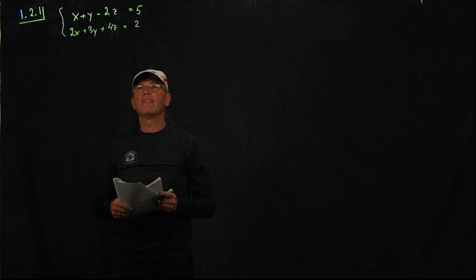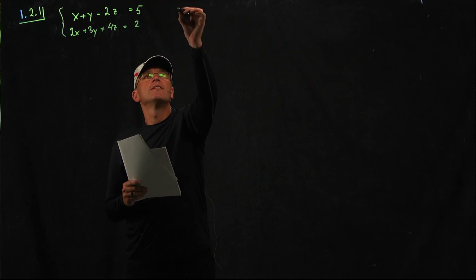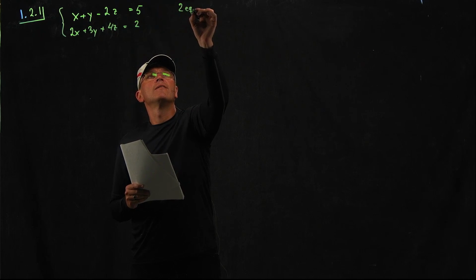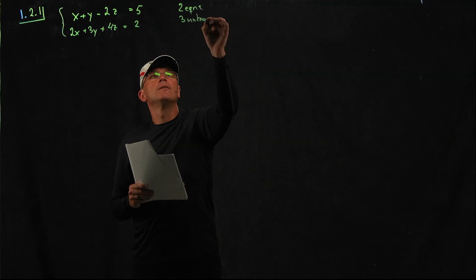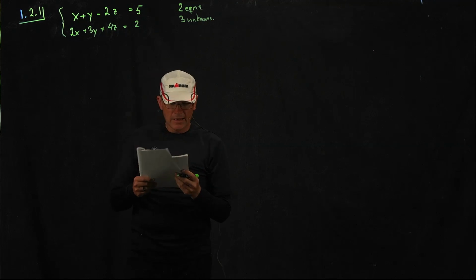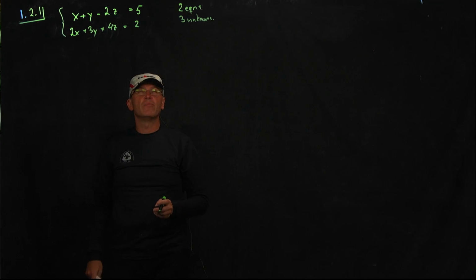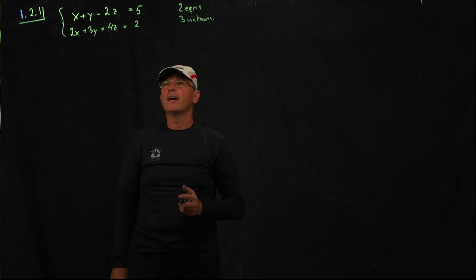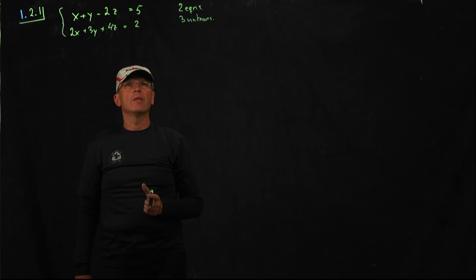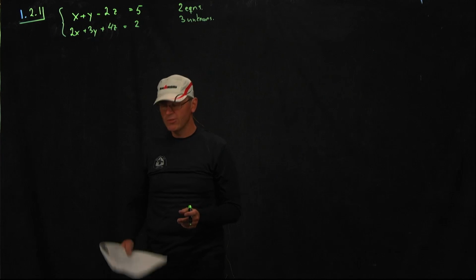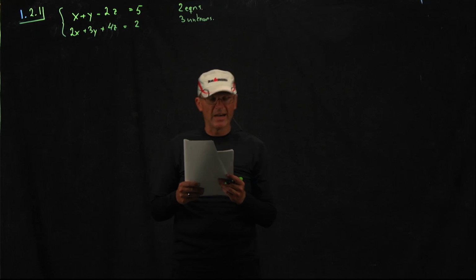So we have two equations, right? We have three unknowns. So it means that we cannot guarantee that we have a unique solution. So one of two things is going to happen.